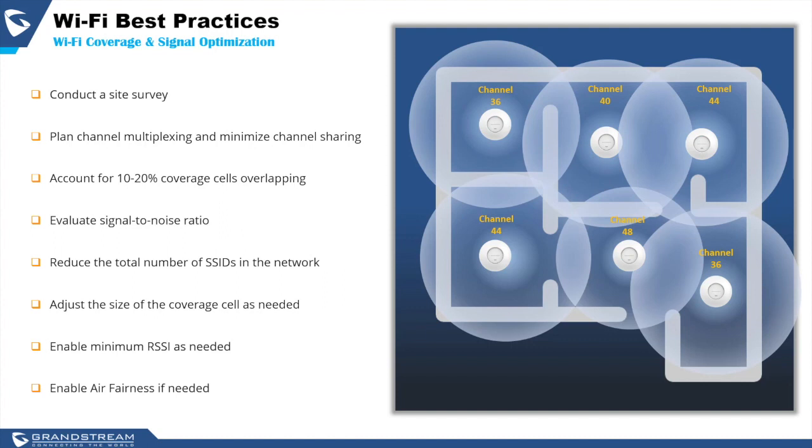When you make the radio power high, the signal propagates over a long distance, and sometimes that could create a lot of interference. So we just want the radio signal to cover the area that we need with the access points. Also remember to enable minimum RSSI as needed.